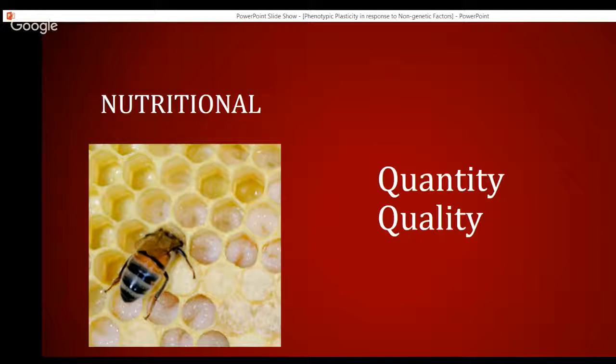Royal jelly is a very high quality food and gives the resources necessary for development into queen. Now, the timing of the food is also important, as there's a certain time period where the caste can be determined. And after that time period, it may be too late to change what they're going to turn into.